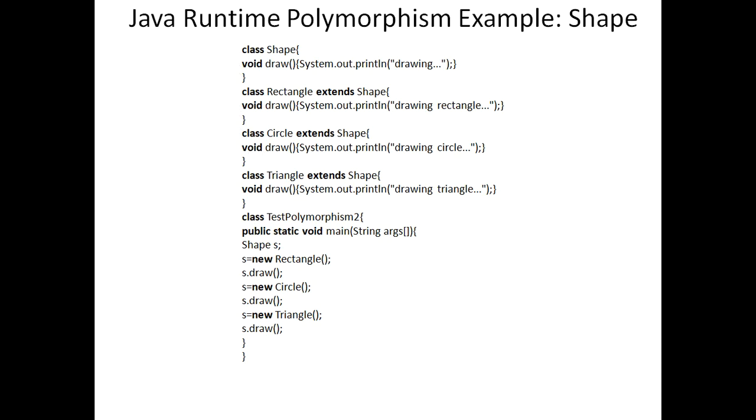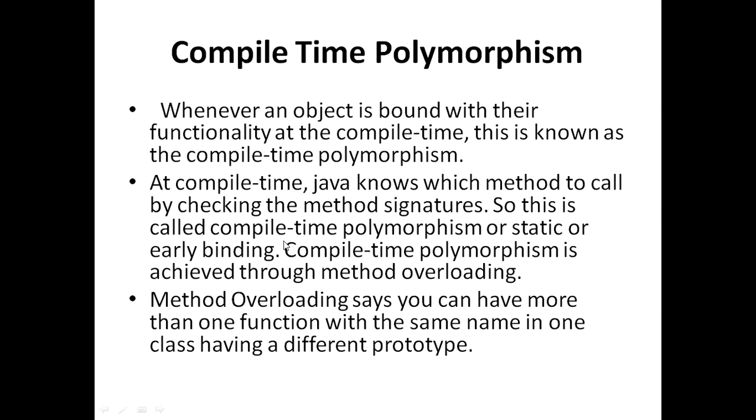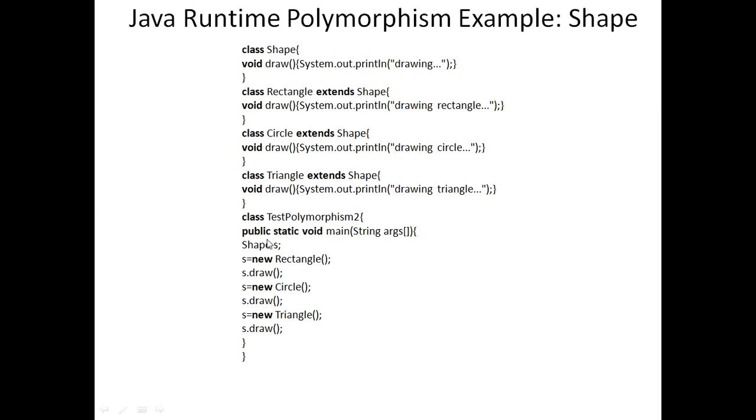You can see here, in this class I'm going to define a reference variable, that is Shape s. Next, whenever I mention s is equal to new Rectangle, I'm giving the reference to the object of the Rectangle class.